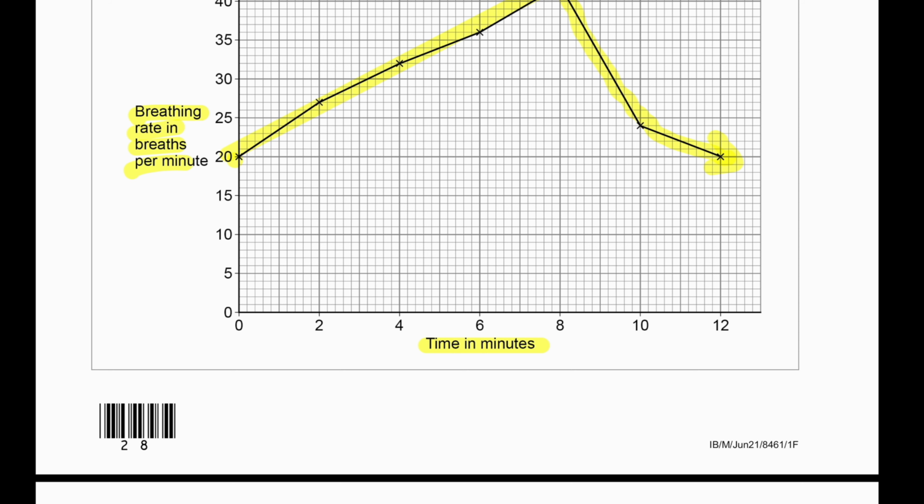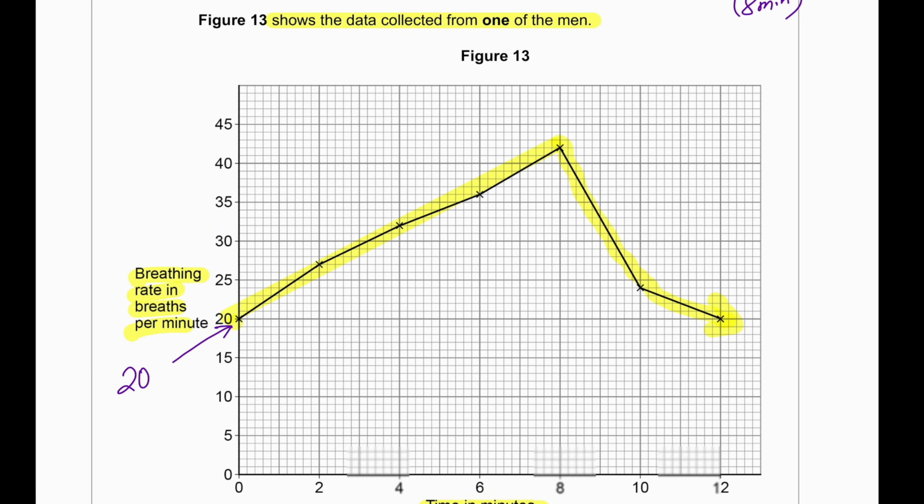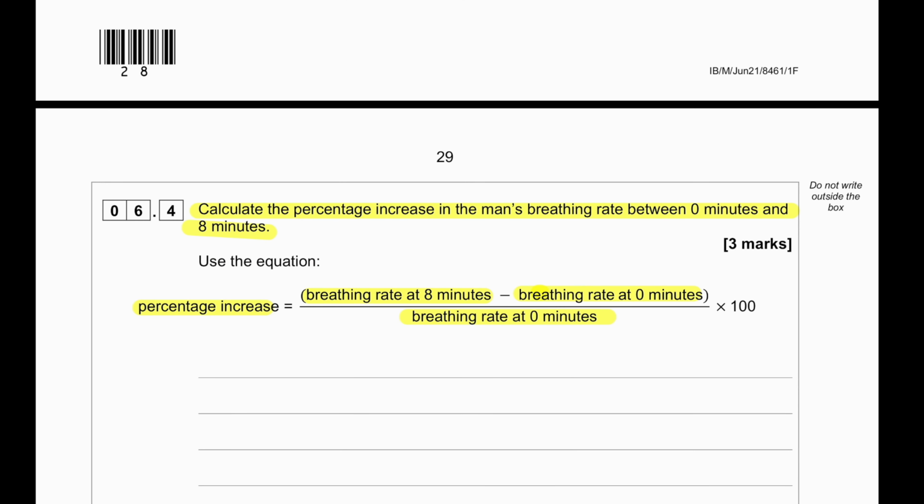Breathing rate at 0 minutes was 20 BPM, or breaths per minute, and breathing rate at 8 minutes, we can see, is 42 BPM. So it will be 42 minus 20 divided by 20 times 100. So the percentage increase after calculation is 110%.